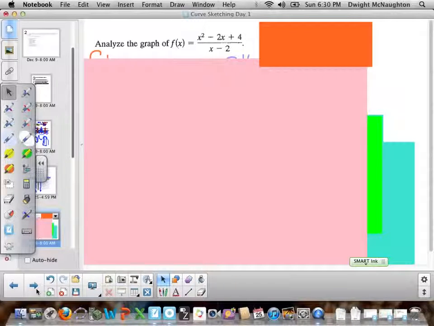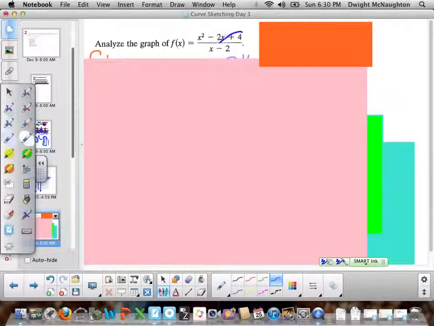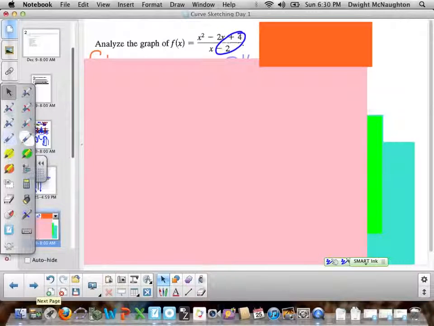I used a quick quadratic program on the graphing calculator. There's nothing that makes the top 0, so there's no x-intercepts. The y-intercept is -2. Find the y-intercept simply by looking at that.